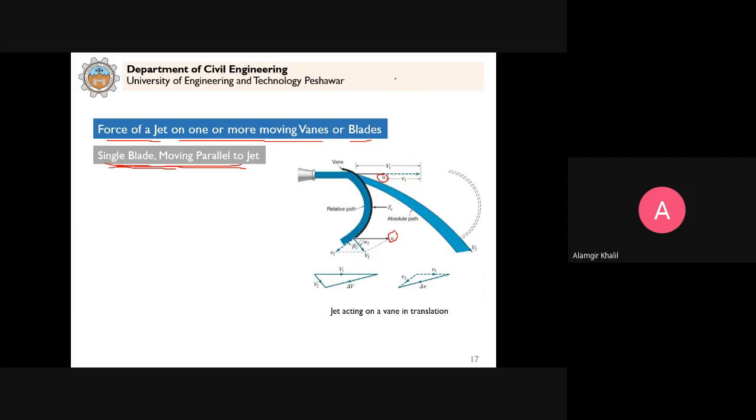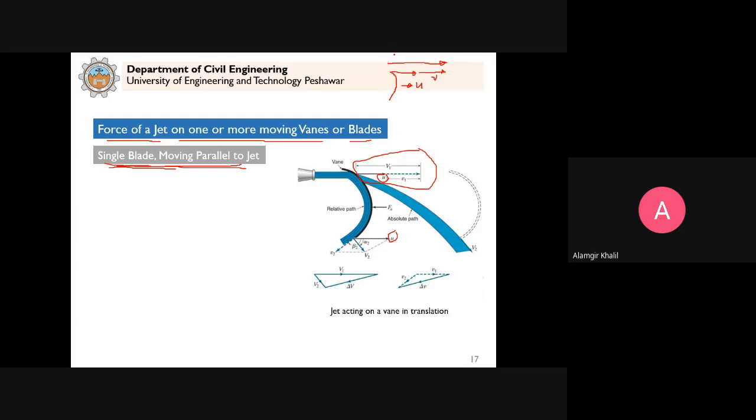In this case, the jet velocity v is more, as shown in this diagram, and the vane moves with a velocity u. So there is a relative velocity between the two, which we denote by small v.